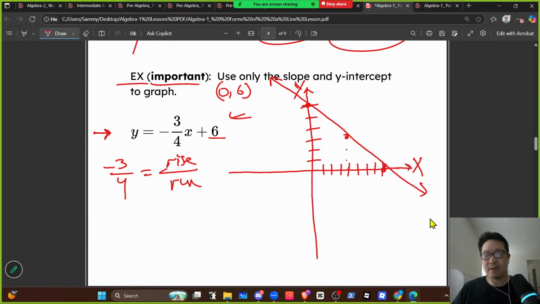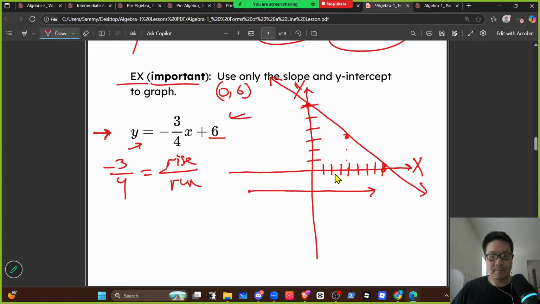There's something called the reasonability test where you solve a problem and you ask yourself, does this answer seem reasonable given the problem? You can clearly see that the equation has a negative slope, and the line that you've drawn also has a negative slope. As you're moving from left to right, it's sloping down.